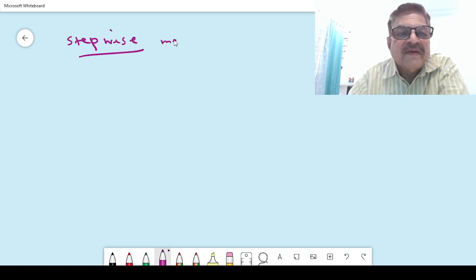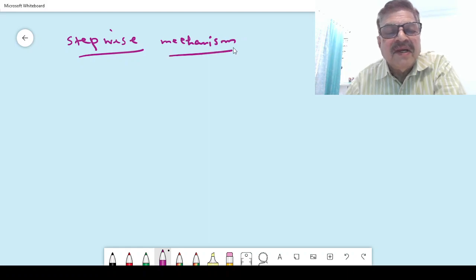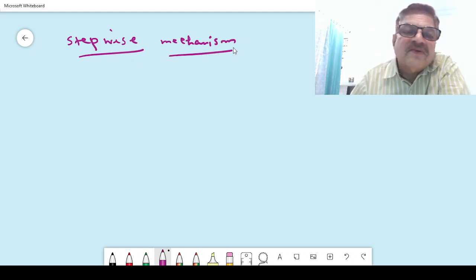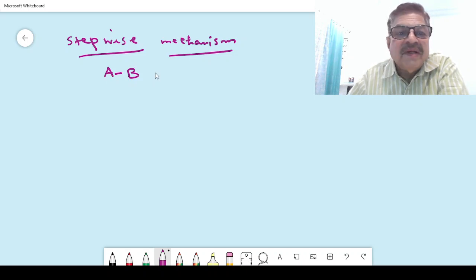So these are all things which we will be coming across in subsequent chapters in organic chemistry here. So a two-step mechanism or a stepwise mechanism, how will it be? So AB, now AB reacting with the C minus. What will be the thing? This is the equation.